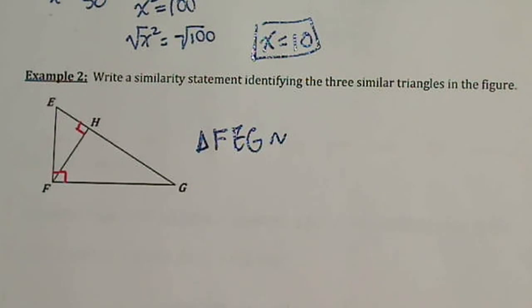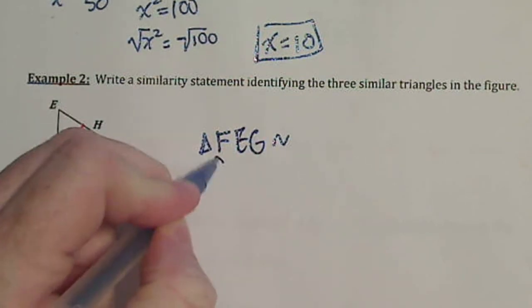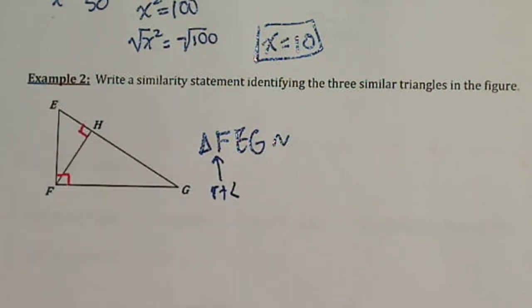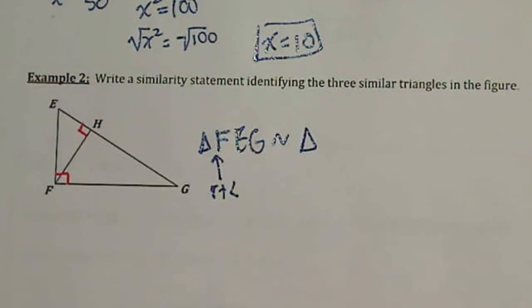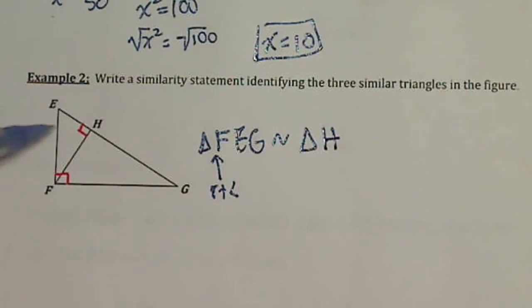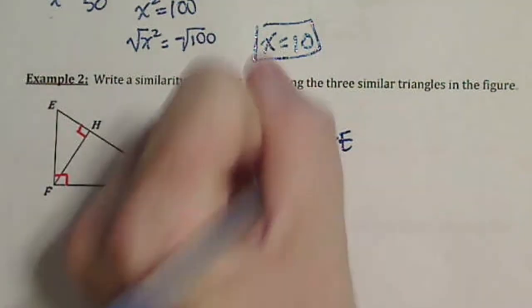So it's similar to, if I look at this small triangle, notice this one right here, that's a right angle. So in my next triangle, I need a right angle. So in this triangle right here, H is my right angle. Okay? E is the same angle as it was in the big triangle. So E is going to come next, and then F last.